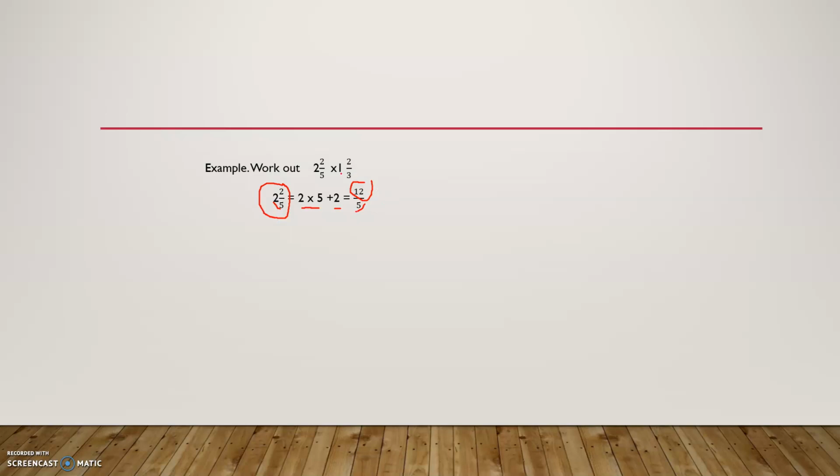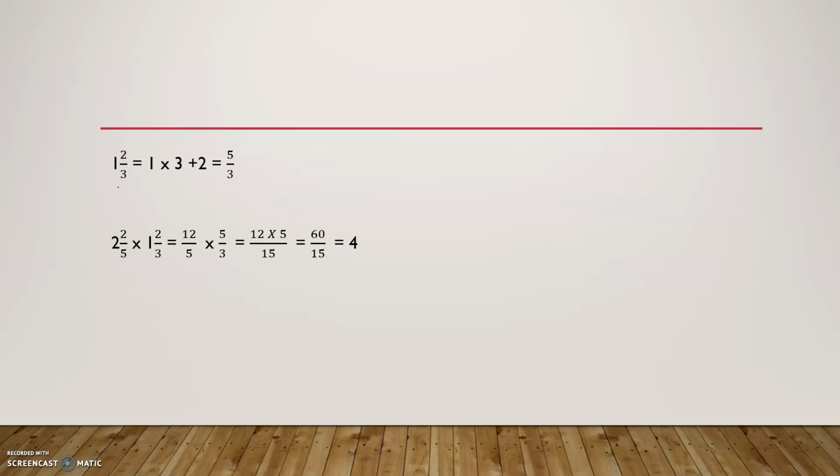We're going to do the same thing for this number as well. So that will be 1 times 3 plus 2. So we are multiplying this one with this one and then adding this one. So that will be 1 times 3 plus 2, which is 5. And then we keep the base number, which is 3.